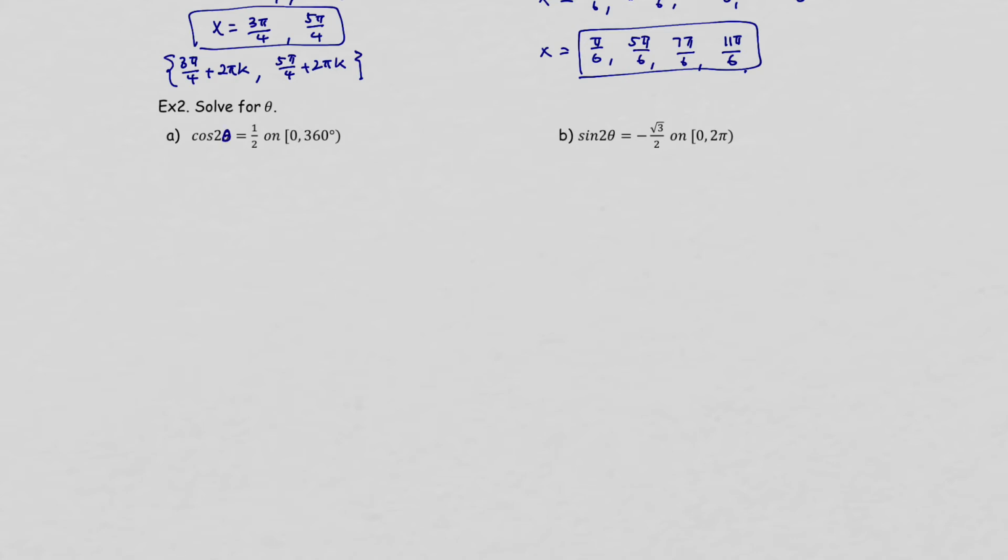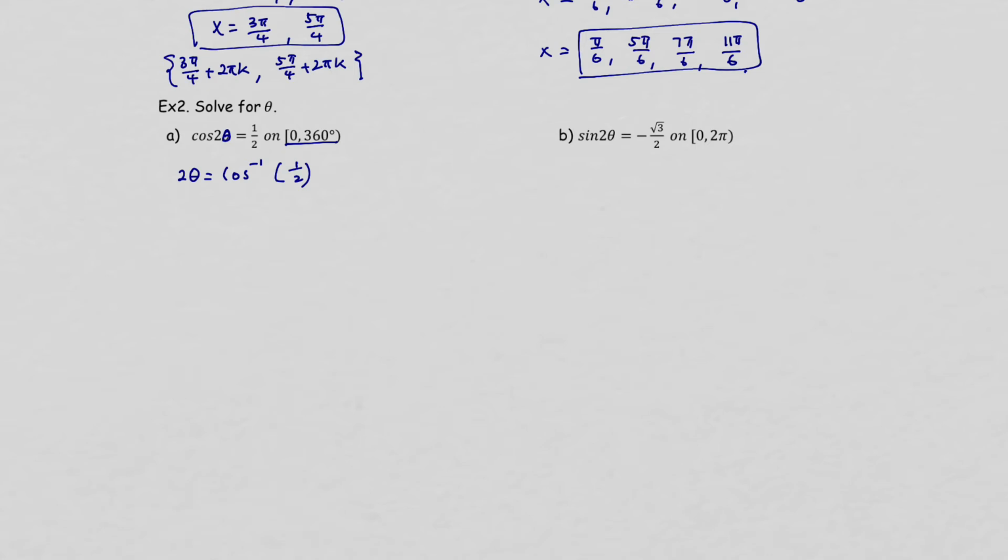So we wanted to get rid of everything one at a time. So let's get rid of cosine by multiplying both sides by cosine inverse. Then you get 2 theta equals cosine inverse of 1/2. And we wanted to look at the degrees.